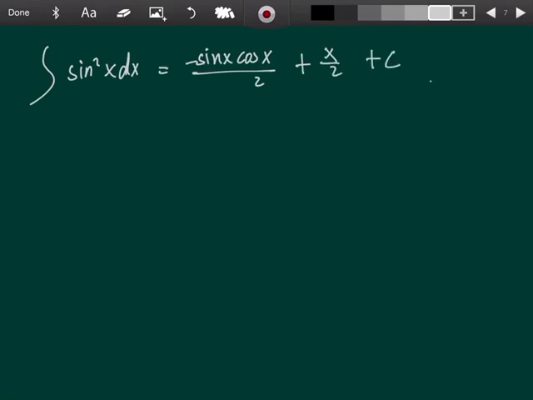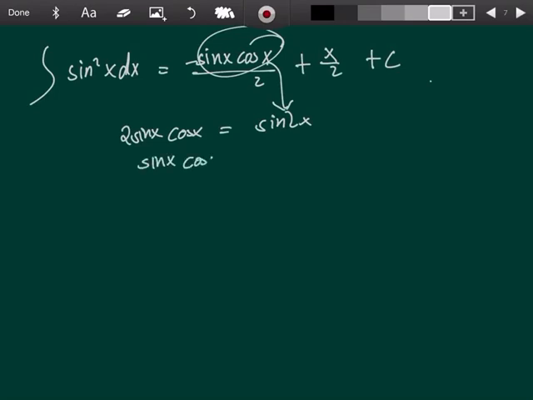Okay, so class, sine x cosine x, ano to class? We know that 2 sine x cosine x is equal to sine 2x. So ito, pwede pa nating i-simplify into sine 2x, diba? Meaning yan, sine x cosine x is equal to sine 2x over 2.